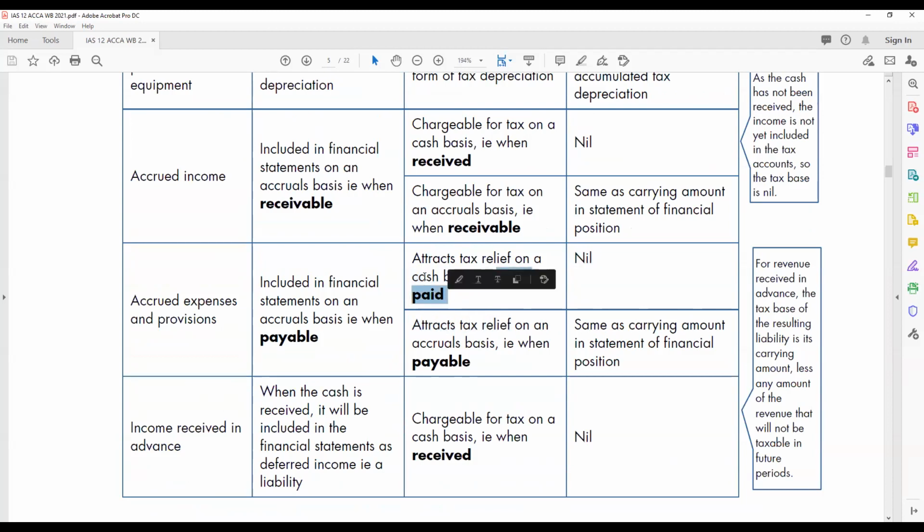Based on the tax rule, when we pay the salary in cash, only at that time can it be considered as an expenditure. In this case, the tax base is 0. But if the tax rule accepts accrual basis, then the carrying amount and the tax base are the same as the carrying amount in the statement of financial position.